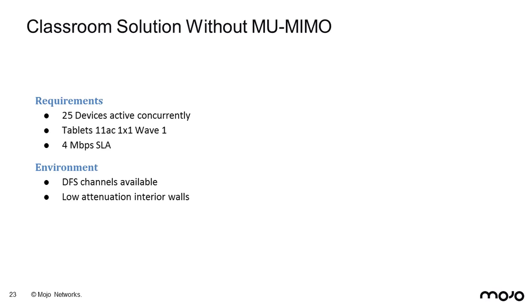All right. Now here we go, last part. We're going to talk about the classroom use cases. For both use cases, we're going to keep things constant except for one thing. This first use case will have Wave 1 clients, 25 of them, active concurrently in a single classroom. We're going to have adjacent classrooms, but we'll just focus on one classroom. The adjacent classrooms will also have 25 devices active concurrently, and they'll have a 4 meg SLA.